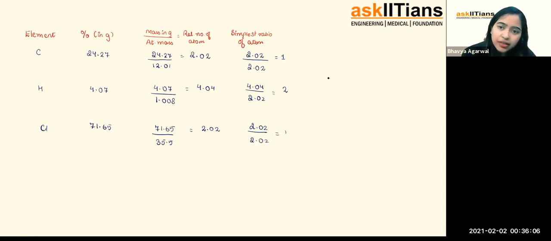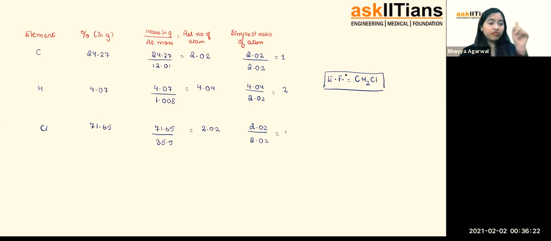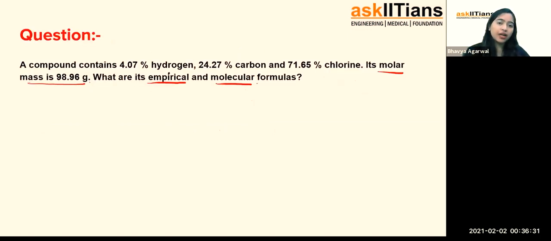As a result, the empirical formula would become C1H2Cl1. This is the empirical formula. So this covers the first part of the question, where you have to find out the empirical formula.